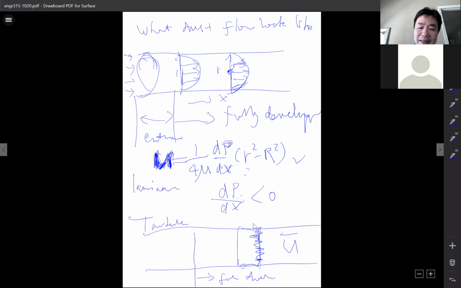It doesn't see much wall effect in turbulent pipe flow. In laminar, you see the wall effect, so the velocity profile becomes parabolic. But in turbulence, it seems like the mean velocity occupies the entire pipe, which is good for us. Calculation-wise, it's much easier. We don't need to worry about the expression used in the laminar case.